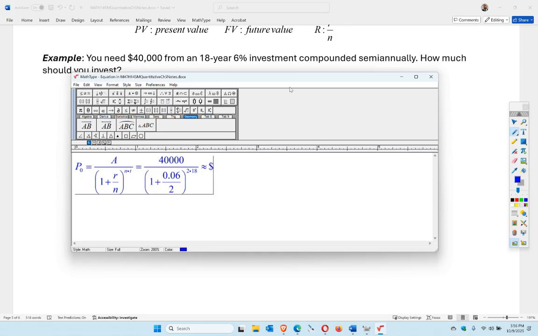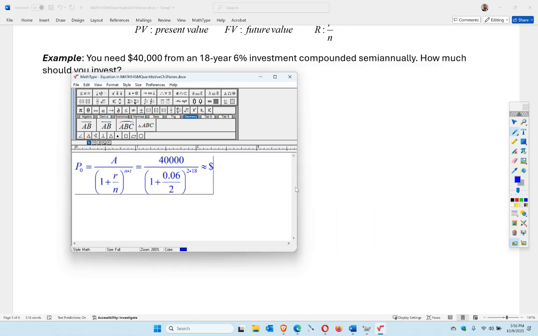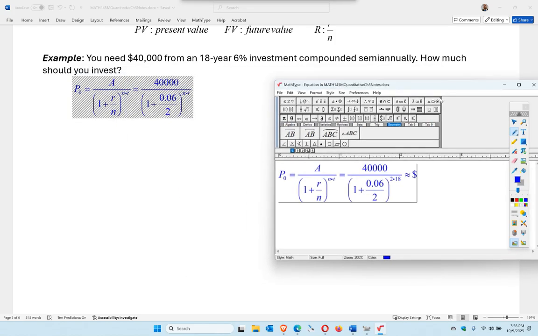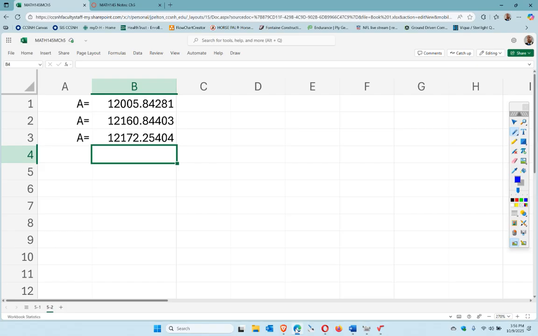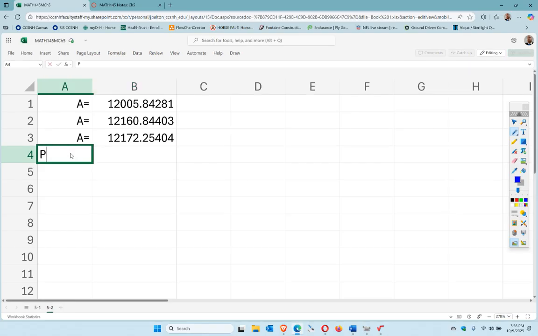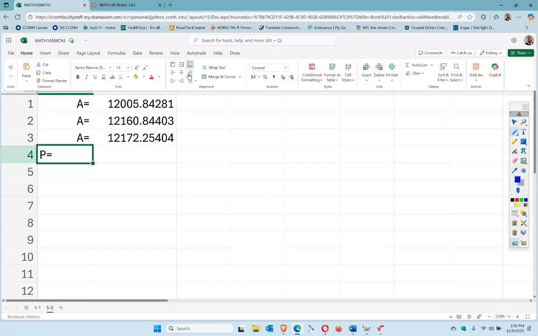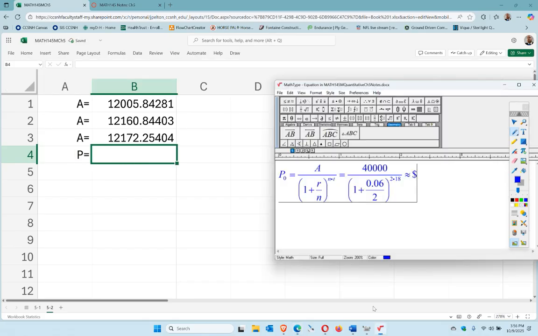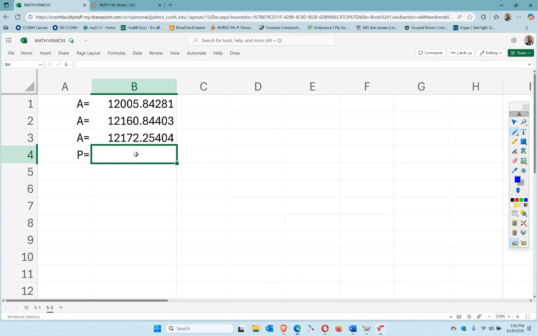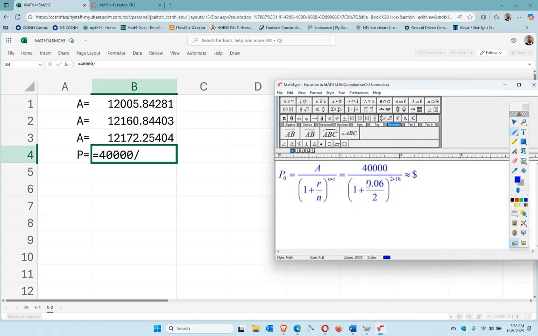Okay, so let's shrink that down a little bit so we can have some room. Shove that over and go to our spreadsheet. So we're going to do P equals, and shift that to the right. If we have a denominator and numerator, we have $40,000, which is what we want. So equals, to calculate it, 40,000 divided by, and then we have all this stuff on the bottom.